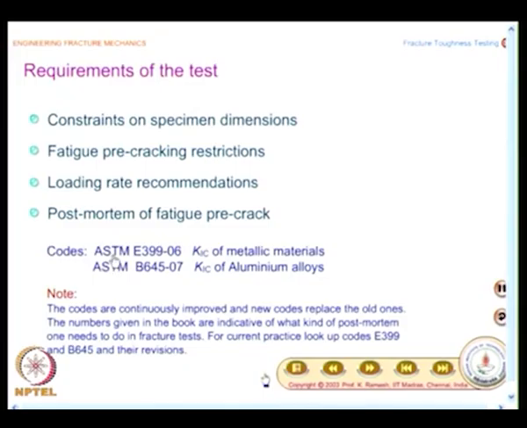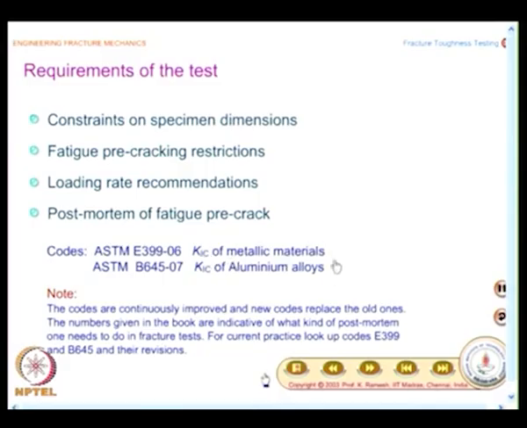You have ASTM E399-06, the 06 indicates the year in which it was approved or reapproved, because it has a life. It was developed way back in the 90s, several modifications have been incorporated, and the latest one is with 2006, and this is K1C of metallic materials.